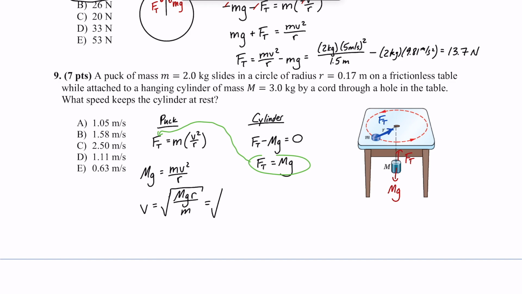Plug in values. And then putting this into a calculator, I get 1.58 meters per second.